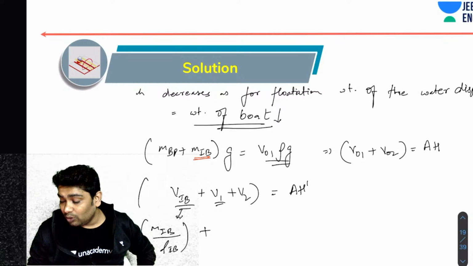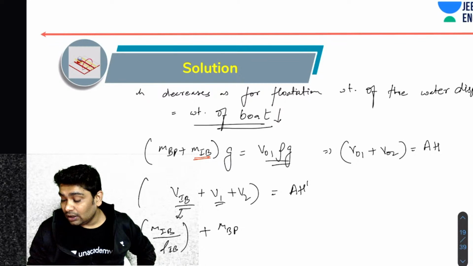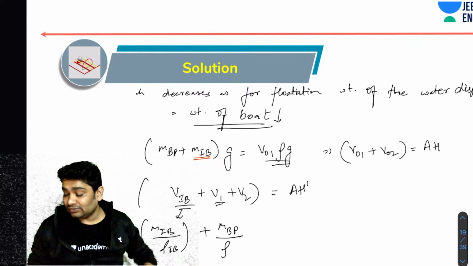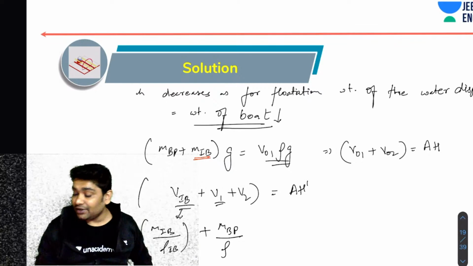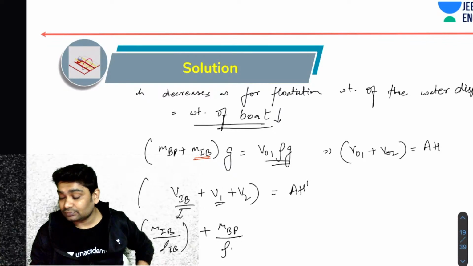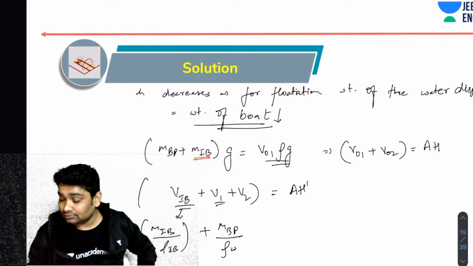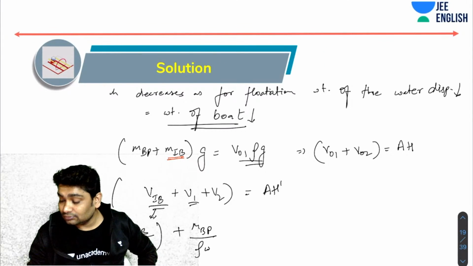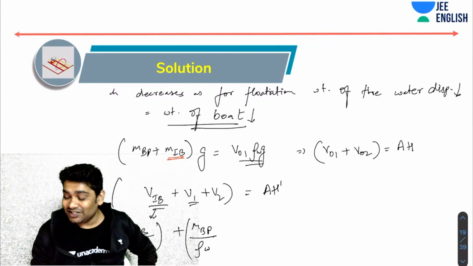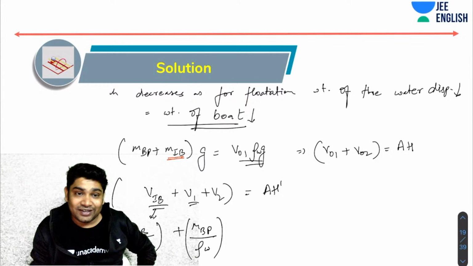Then the volume of the boat is going to be mass of the boat plus person over density of the water. Correct. This is the volume that the boat will displace.